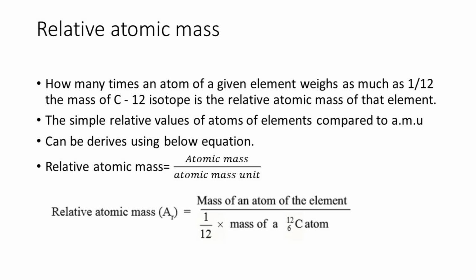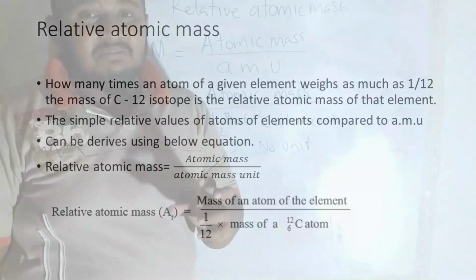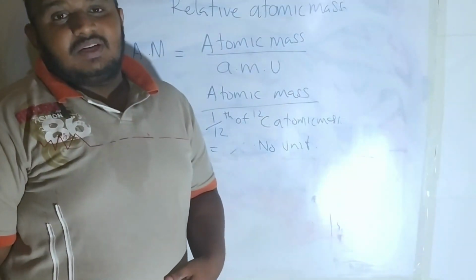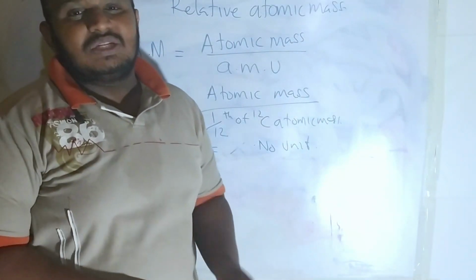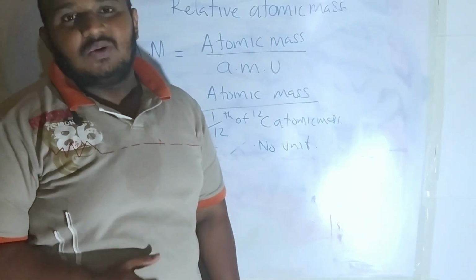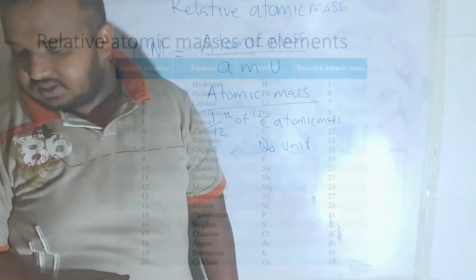So these relative atomic masses are calculated and given to you. It is in your textbook, but it is not compulsory to learn them by heart. Usually in papers they give those values. Those values are as below.